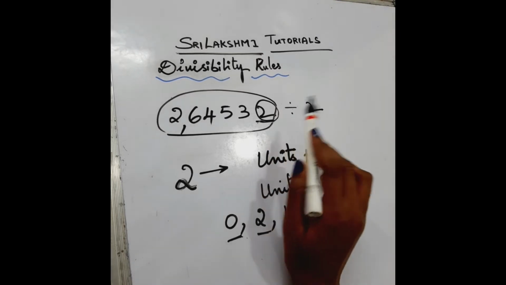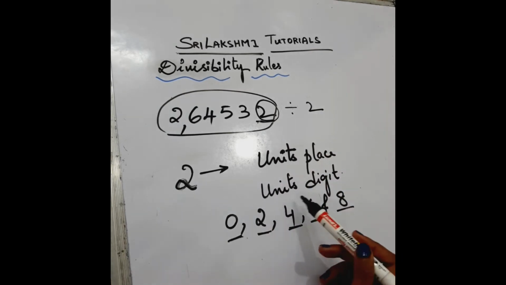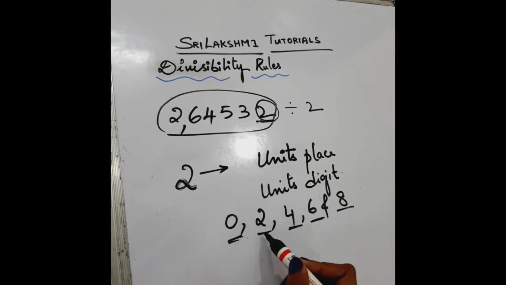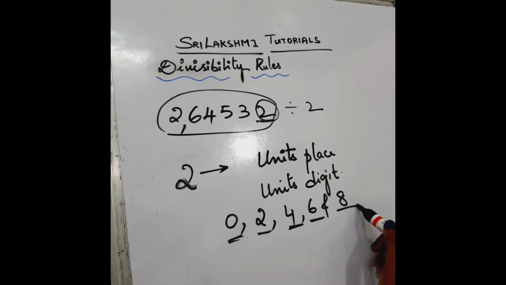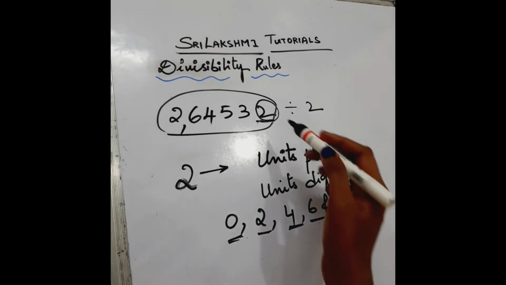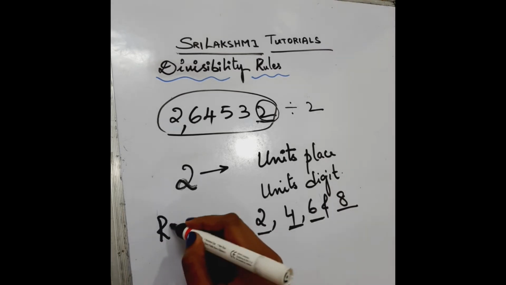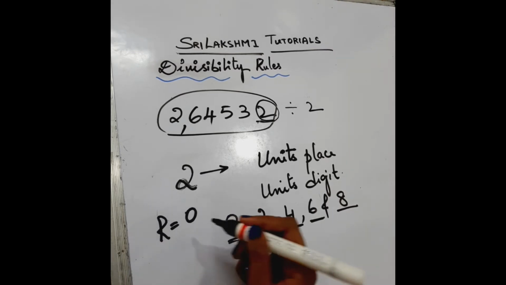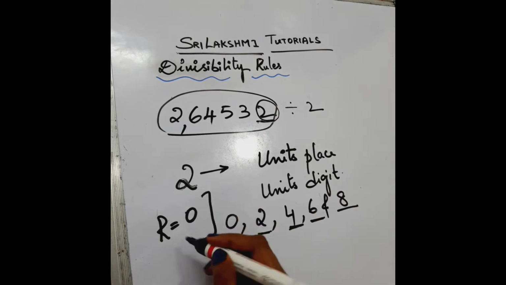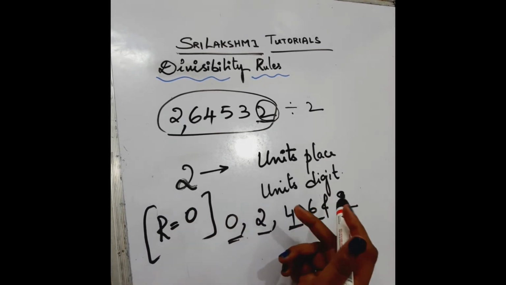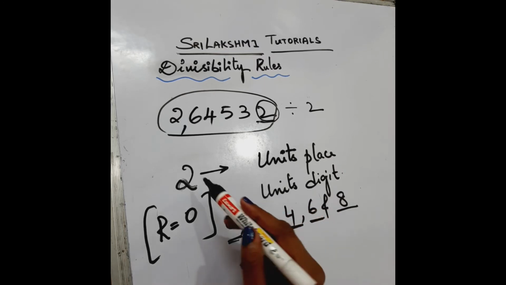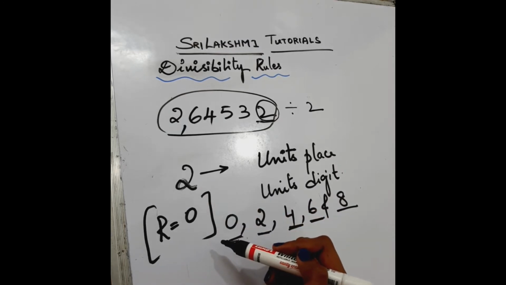So if the units digit of a given number is 0, 2, 4, 6, 8, it is divided by 2 exactly without leaving a remainder. Do we get any remainder here? No. We will get remainder 0.